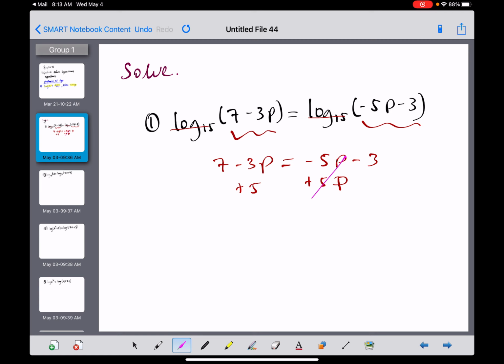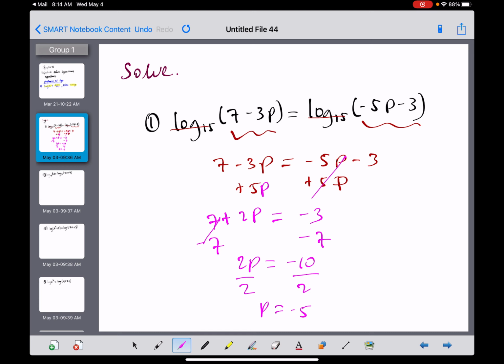This one's gone. Then we have 2p, bring down the positive 7, equals negative 3. Then we subtract 7 to the left and to the right. We have 2p equal to negative 10. Divide both sides by 2. P is equal to negative 5.